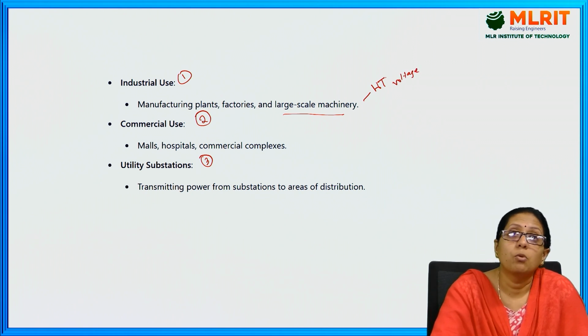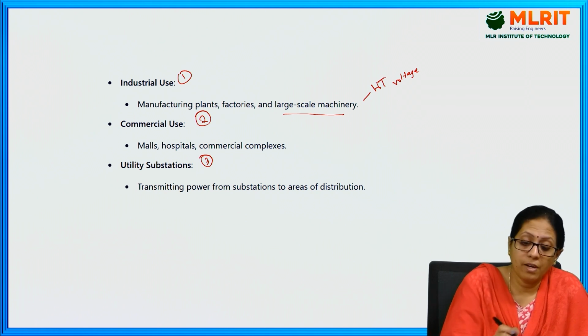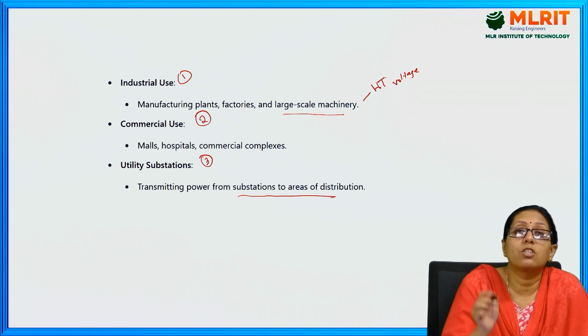Commercial use, mostly for shopping malls, commercial spaces, hospitals, commercial buildings and complexes, we will be using this HT connection. Next one is utility substations, for transmitting power from substations to the distribution.